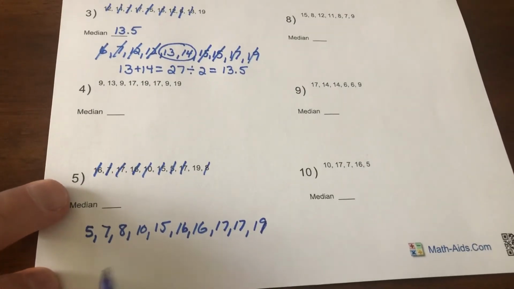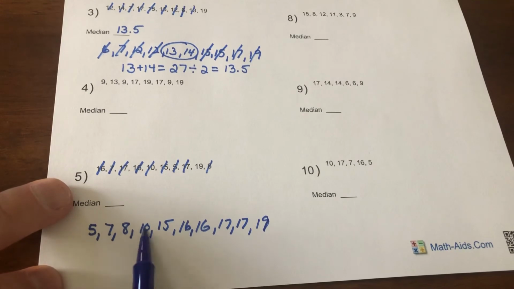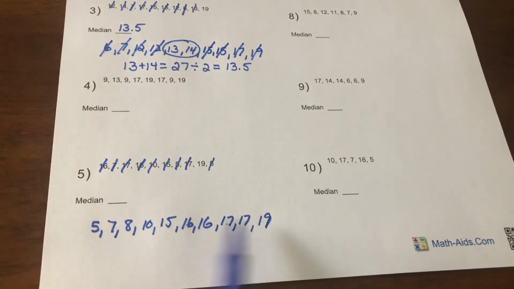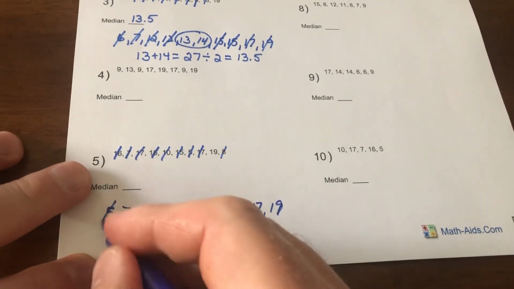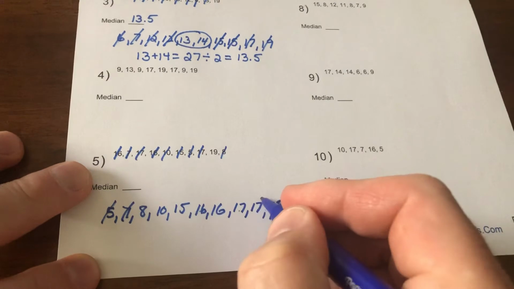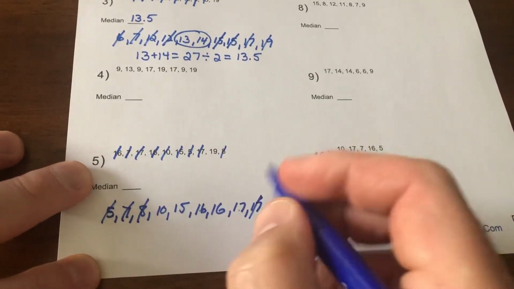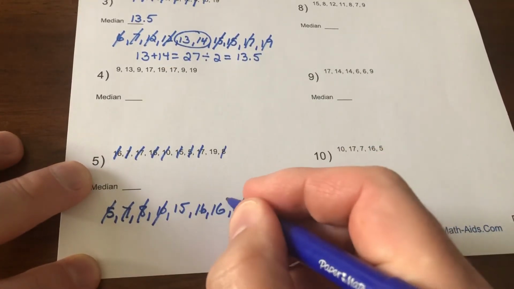Another thing I could do here is count them out. 1, 2, 3, 4, 5, 6, 7, 8, 9, 10. Now because I have an even number, 10 numbers here, I know there's going to be 2 numbers in the middle. So let's check that. I'm going to cross them out on the ends until I get to the middle.